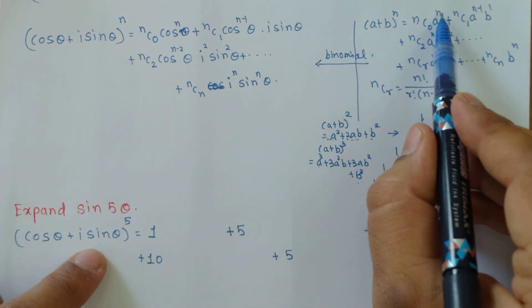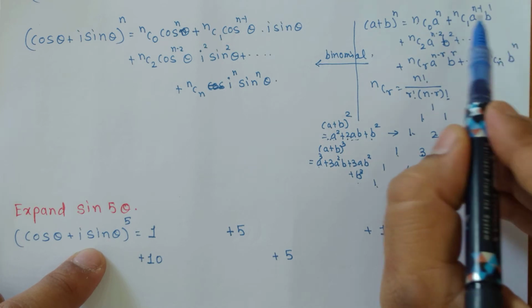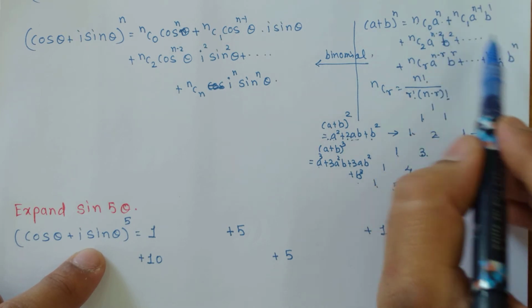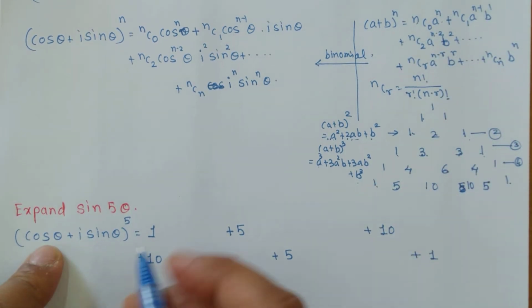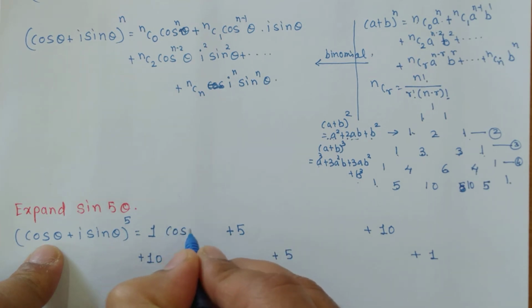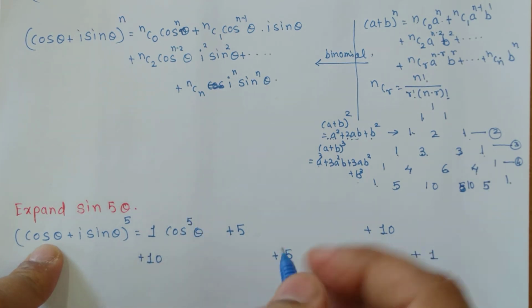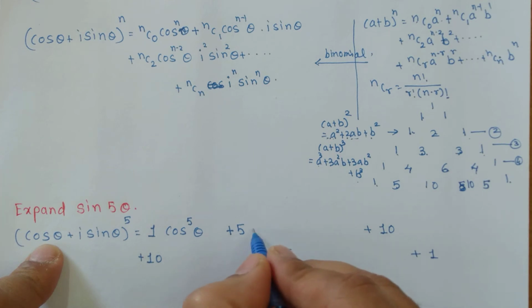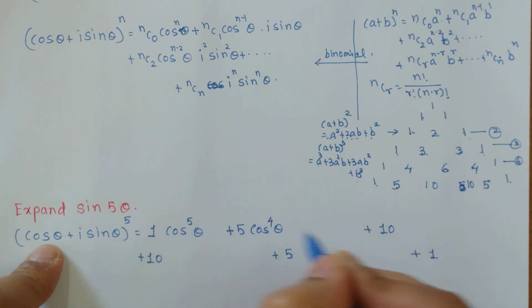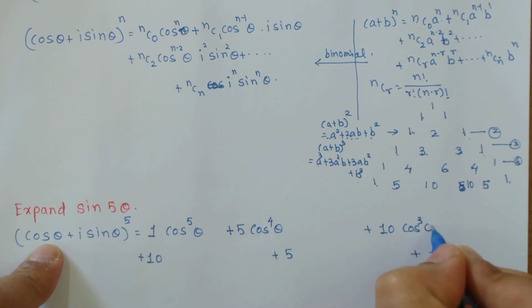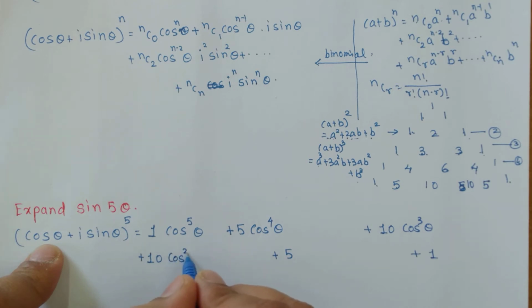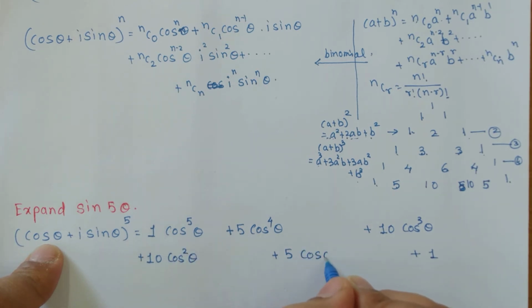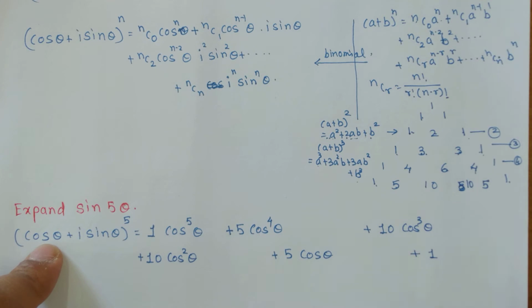The power of a decreases from n to 0, and the power of b increases from 0 to n. Here a will be cos theta. So decrease the power of a by 1 at every term: first cos raised to 5 theta, then cos raised to 4 theta, then cos cube theta, then cos square theta, then cos theta, and finally cos theta raised to 0, which is 1.